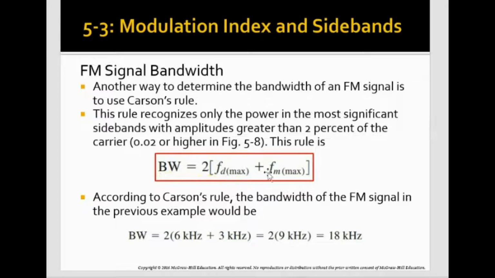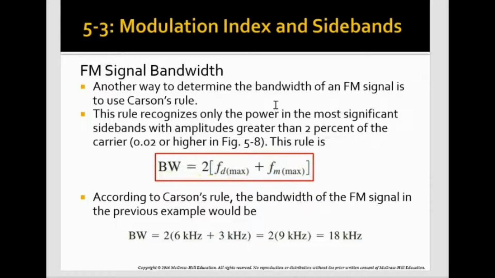It's just based on the maximum frequency deviation and the maximum frequency of your message signal to determine your bandwidth. But this is approximately in the range of 2%, which means considering more significant elements in the spectrum.